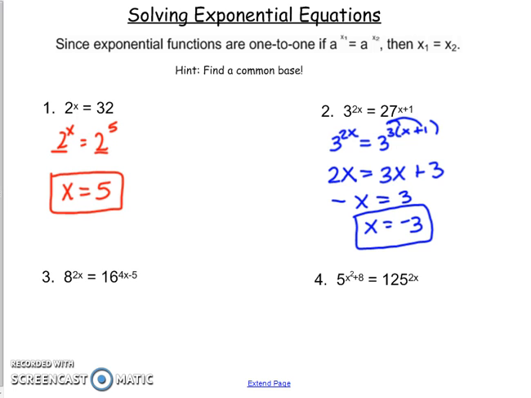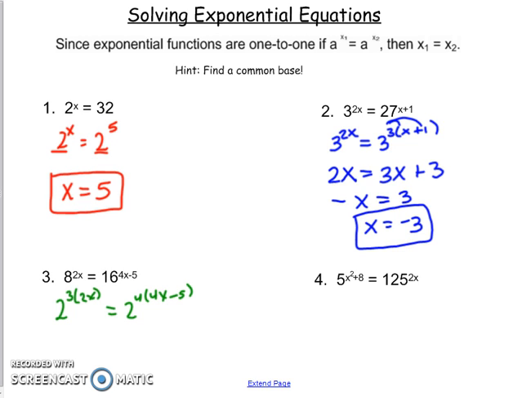With the third one, you have 8 as a base and 16. They both can have 2 as their base. So instead of 8, we can rewrite that as 2 cubed to the 2x. And instead of 16, we can write that as 2 to the 4th to the 4x minus 5.